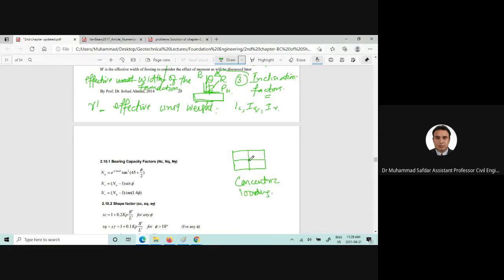But if that load is applied at a certain eccentricity e, it will also cause movements. So at this point, or even at this point off the center, that is known as eccentric loading, which will cause movement in this foundation.